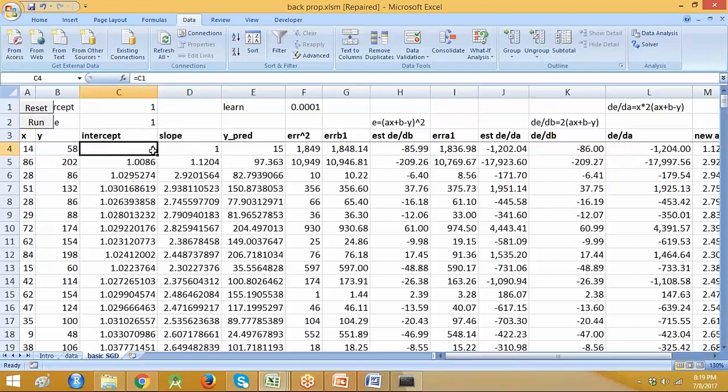So if you notice the values here, this is equal to C1, which is the random value of intercept, and this is the random value of slope. Now, if intercept and slope are like this, and my equation is y is equal to ax plus b, what's the predicted value of y in this row?